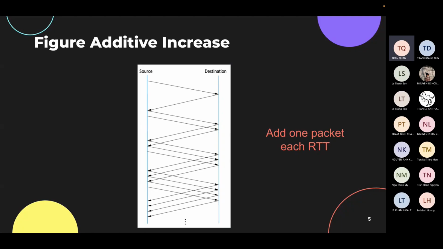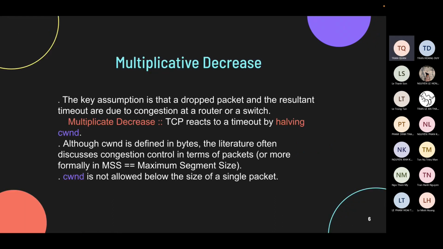Additive increase. Multiplicative decrease. The assumption is that dropped packets and retransmission timeouts are due to congestion. With multiplicative decrease, TCP resets to a timeout by halving CWND.